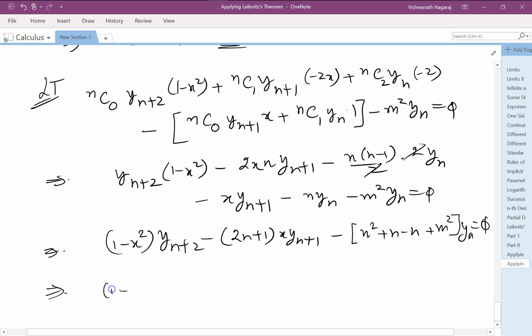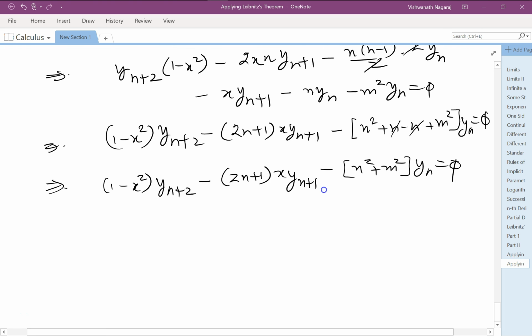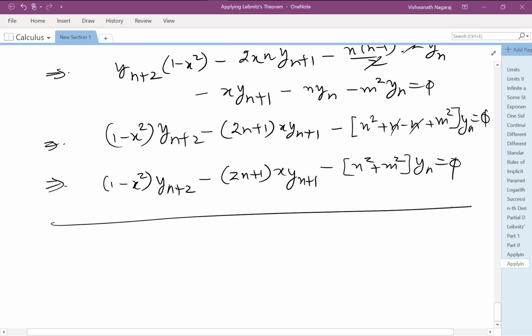And finally 1 minus x square yn plus 2 minus 2n plus 1 x yn plus 1 minus, these two get cancelled out and we are left with n square plus m square yn equal to 0. And that's what we had to show.